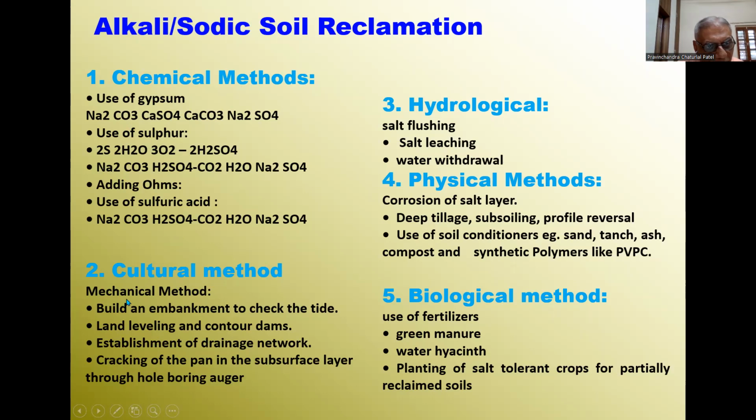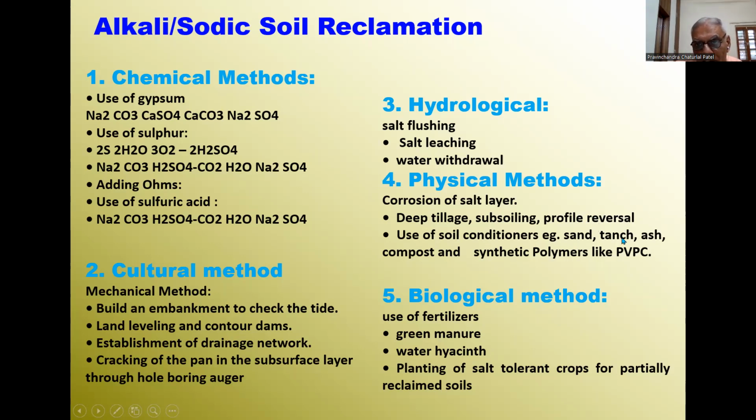Then cultural and mechanical methods: build an embankment to check the tide, land leveling and contour bunds, and establishment of a drainage network to drain the excess water from the field, and cracking of the pan in the subsurface layer through hole boring with an auger. Then hydrological methods: salt flushing, salt leaching, water withdrawal. Then physical methods: scraping of the salt layer, deep tillage, subsoiling, profile reversal.